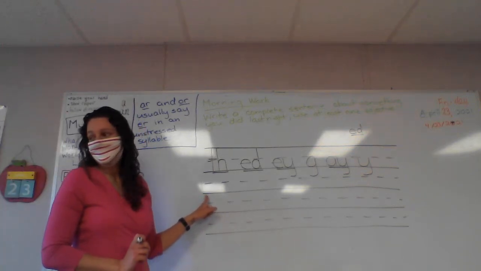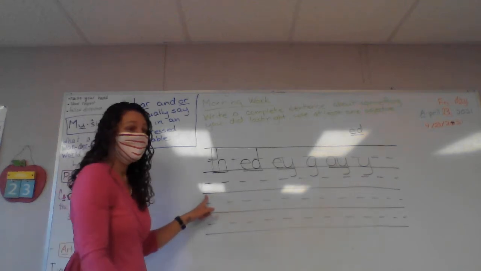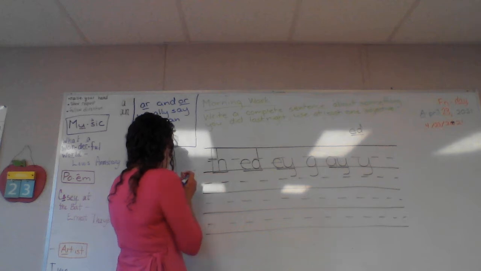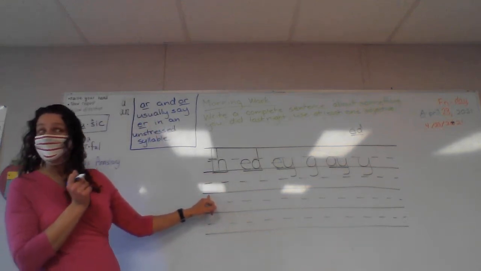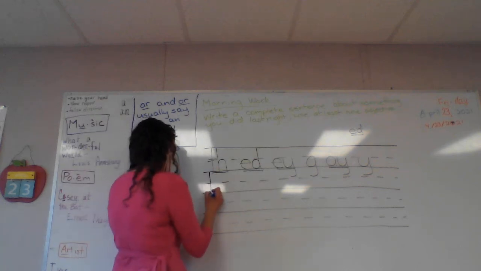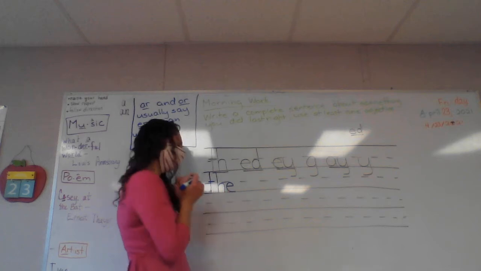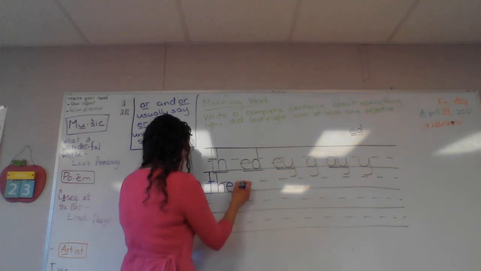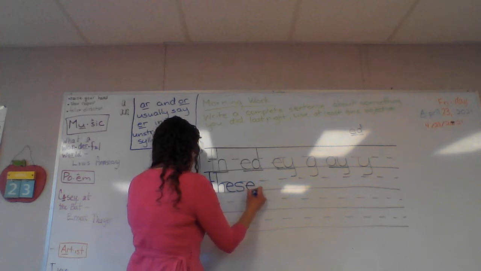All right, put your finger under the first phonogram in that word. What is it? Oh, wait. Oh, and these. What's our first sound? Ooh, oh, that's right. E. Which? Good. Silent final E, job 1.